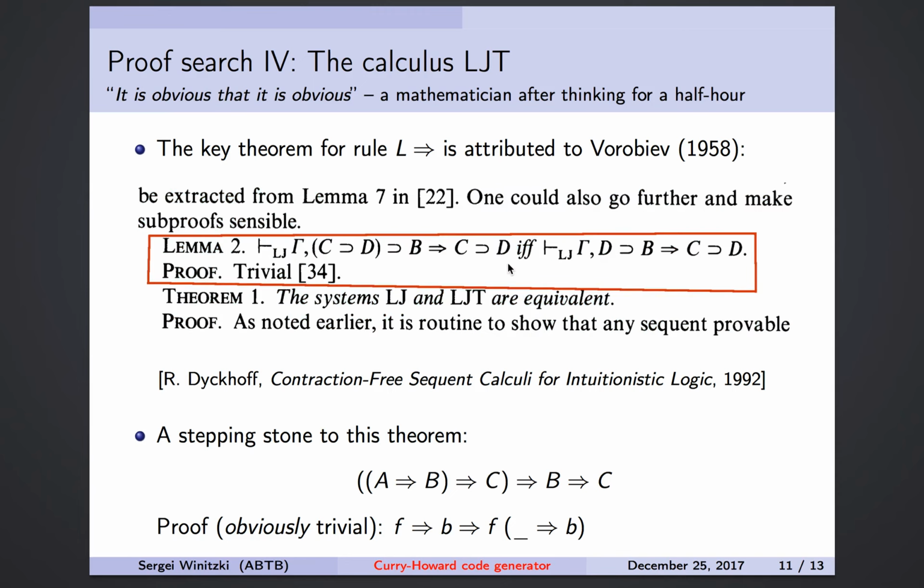However, you can prove this, and a step towards proving this would be this much easier theorem, whose proof is really obvious. This is the proof term.